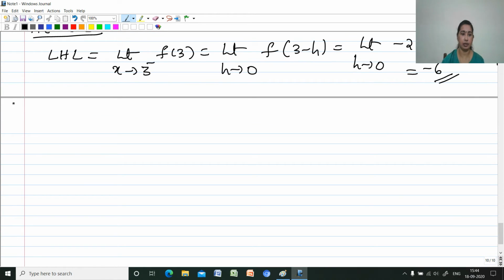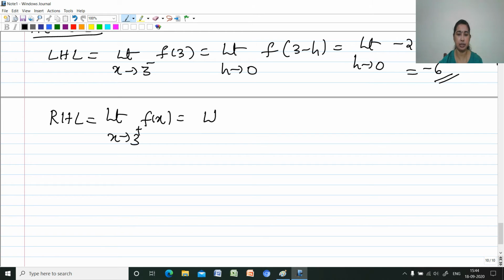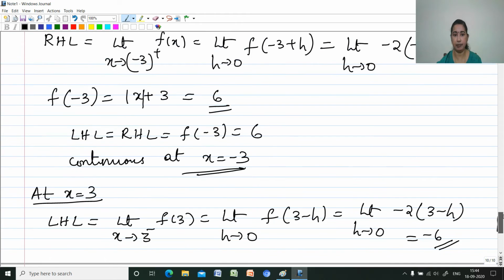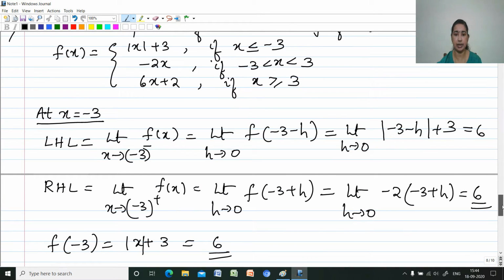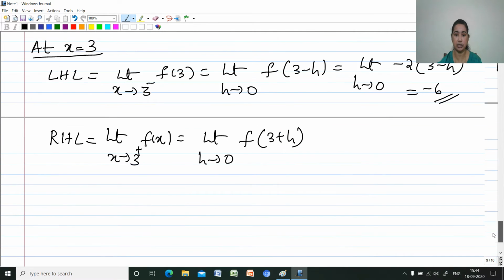Same way, find out what is RHL. RHL is equal to limit x tends to 3 plus f of x, that is limit h tends to 0 f of 3 plus h. When it is greater than 3, we have to take the function given in the question, 6x plus 2.